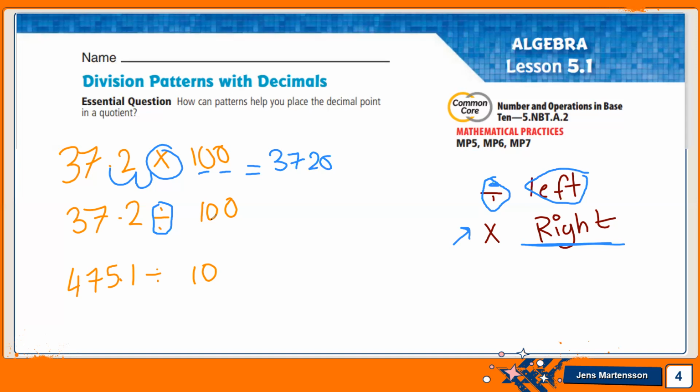So what do we have to do? First step, here we have a division. Division means go to the left. How many digits? I will count how many zeros we have. Two zeros. So that means I will move the decimal point two digits to the left, because I have two zeros. Okay, 1, 2.